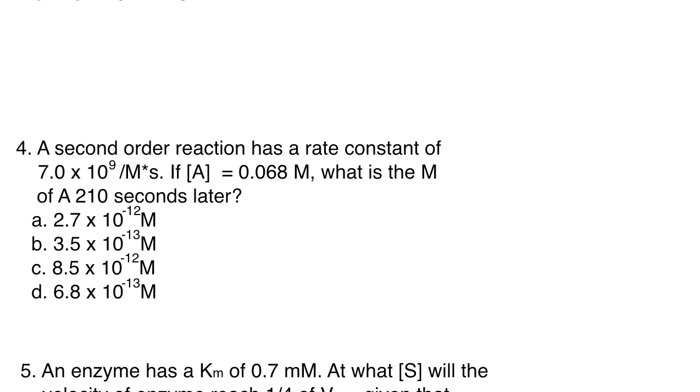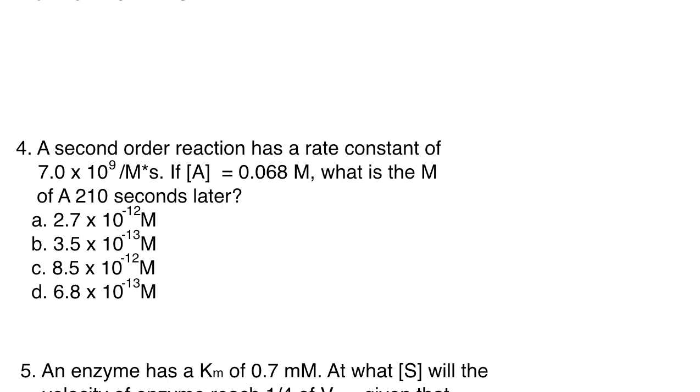4, a second order reaction has a rate constant of 7 times 10 to the 9th per molarity second. If the concentration of A is 0.068, what is the molarity of A 210 seconds later? So keep in mind, we're saying if the concentration of A is, and then we give that value, that is going to be A naught.